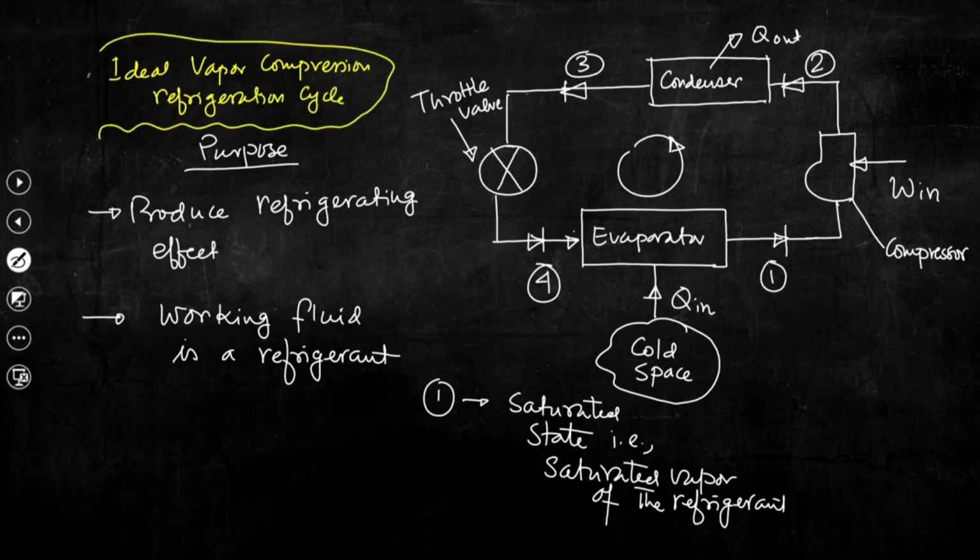Because in a practical case it is very difficult to have a process which is reversible adiabatic, but here we are considering this particular assumption, and that is why we are writing this is the ideal vapor compression refrigeration cycle, because this is an idealized assumption. Not only here, we also will consider a few more idealized assumptions to analyze this cycle.